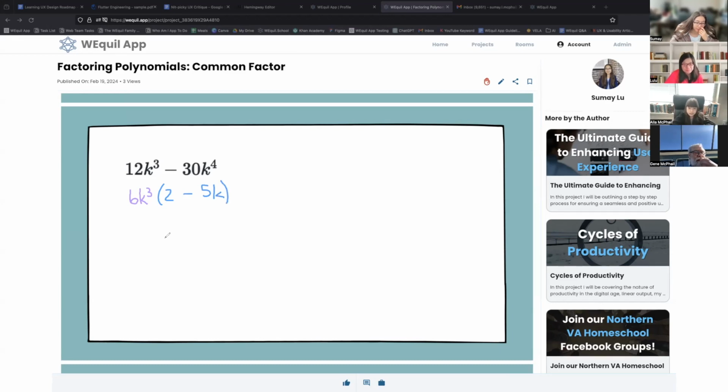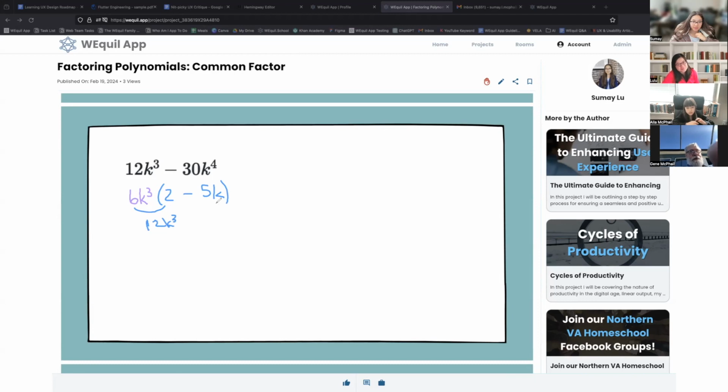All right. So does that all make sense? Because 6 times 2 is 12, and then plus this k squared, right? Because 6k cubed times 2 is 12k cubed, which is what we have up here.